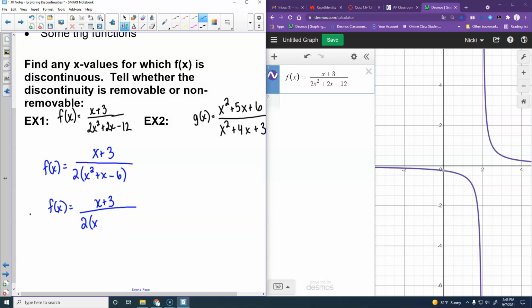And we'd have plus 3 and minus 2. And so, now that I've factored, it's easier to see what values would give me a 0 in the denominator. So, which values give me a 0 in the denominator? X equals 2 and x equals negative 3. So, if those values give us a 0 in the denominator, they are discontinuities.